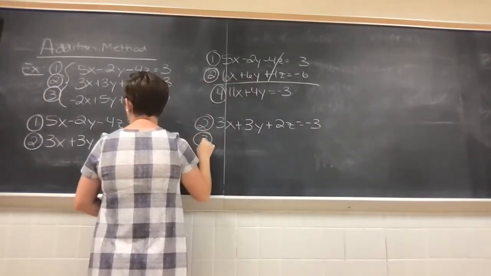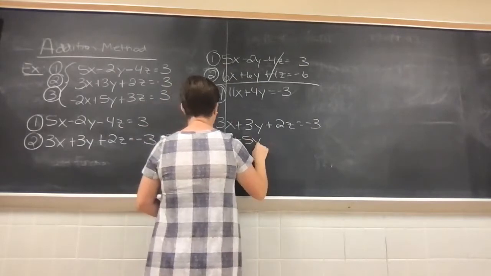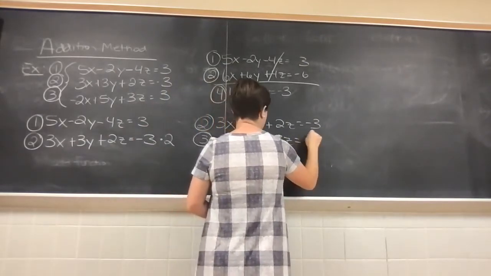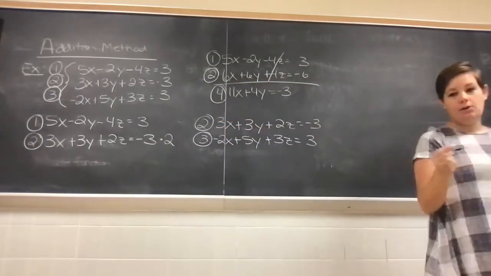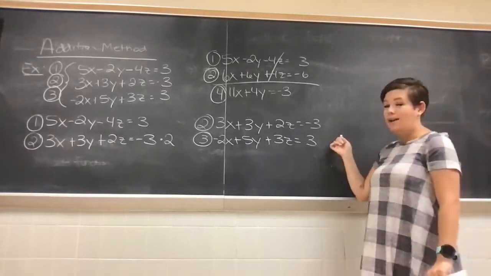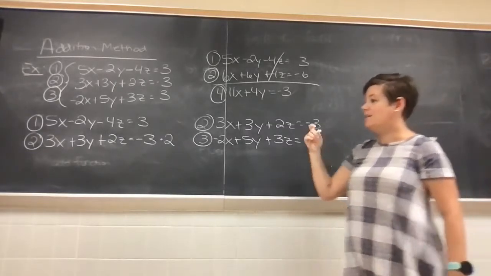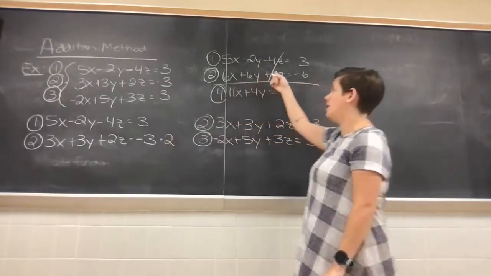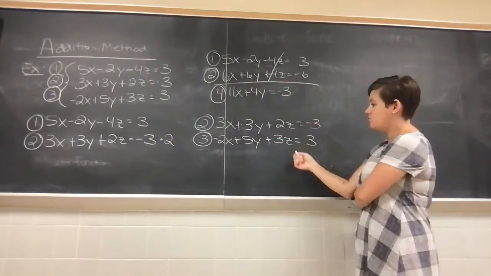Equation 3 was negative 2x plus 5y plus 3z equals 3. Now, at this time, though, I don't have a choice about which variable I need to eliminate, because I need to eliminate the same variable that I eliminated the first time. And what was that? Well, we got rid of our z's.